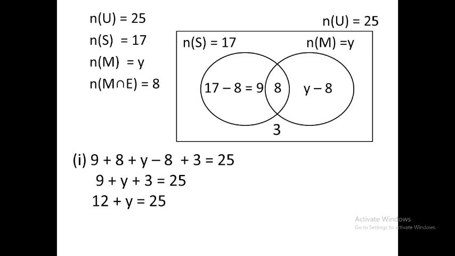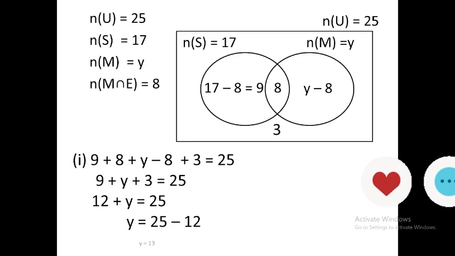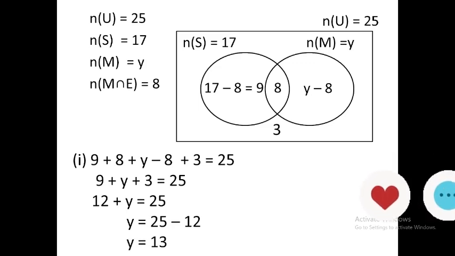And so we have y equals 25 minus 12. Please get me the difference for that. So the difference of 25 minus 12, what should that be? Good. I know you are smart. That is 13.